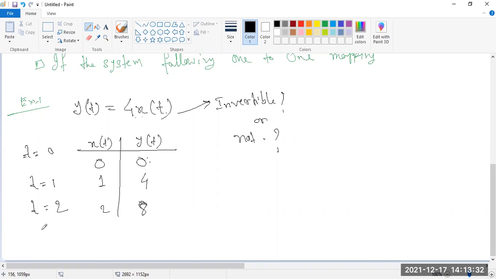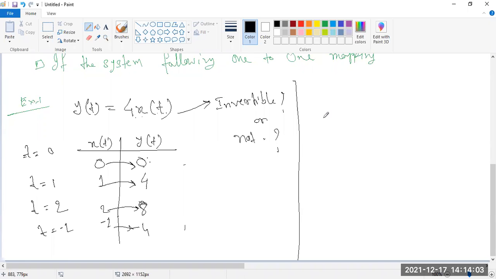If t equal to minus 1, then x of t equals minus 1, and minus 1 into 4 is minus 4. Up to this you can see for every x there is a distinct y. So this is invertible, but from this example you couldn't understand these things very properly.